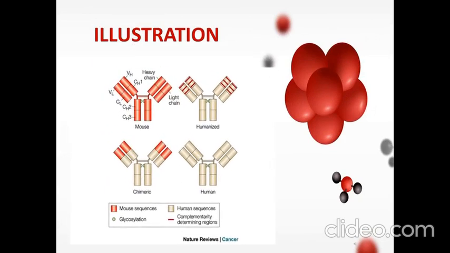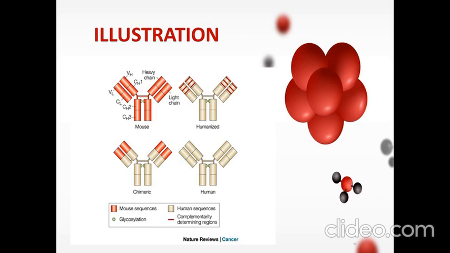After insertion of human and murine genes into a plasmid and transfection into bacteria, chimeric antibodies are produced as inclusion bodies. Following lysis of the cells, the chimeric antibodies are purified for in vivo use.